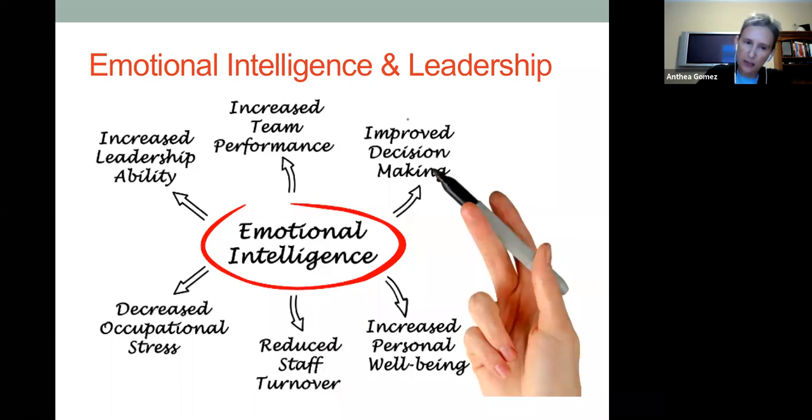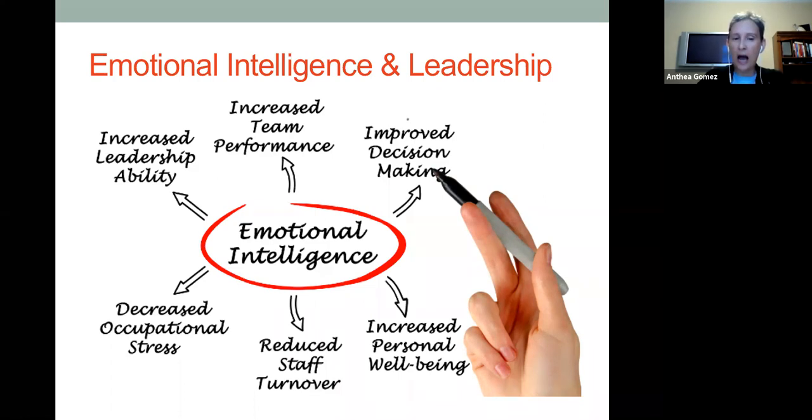On the bottom left-hand corner, with regards to occupational stress, if I have low emotional intelligence relating to flexibility and stress tolerance, I'm not going to be thoughtful around how I'm coming across from a leadership perspective. So my behaviors can create stress for my employees. Those behaviors could also impact my decision-making.